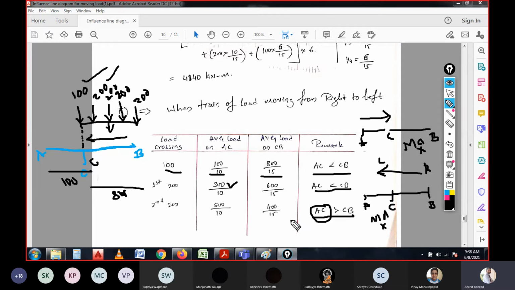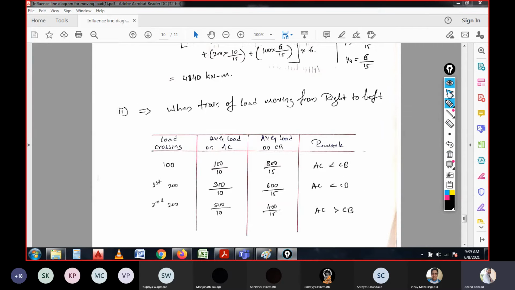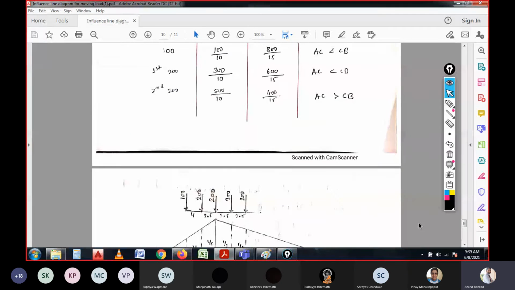So this is how we have got the second 200 kilonewton on the section C. If you place the second 200 kilonewton load on the section C, you will be able to calculate the maximum bending moment on the span. So the same diagram will be considered in this case.